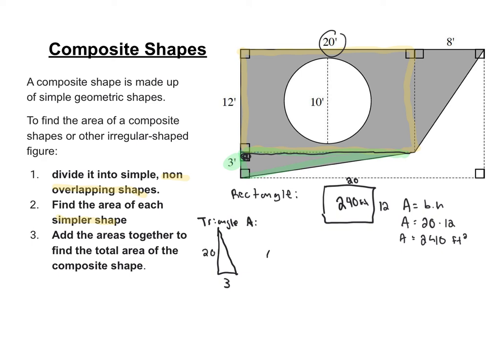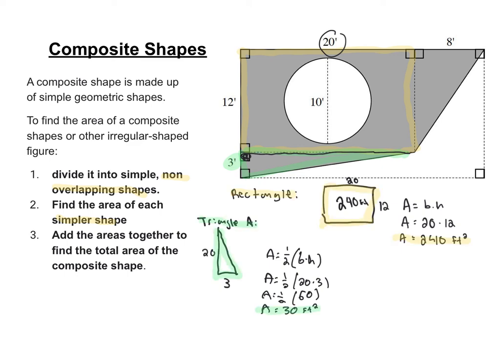Okay, so if my area is 1/2 of my base times my height, then I've got area is 1/2 of 20 times 3, or area is 1/2 of 60. So area is going to be 30 squared feet.